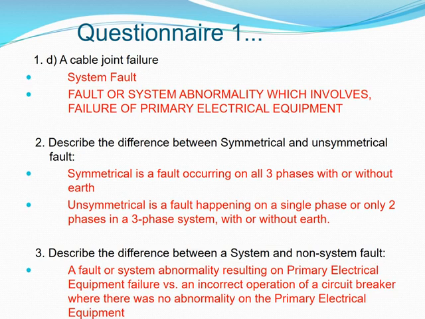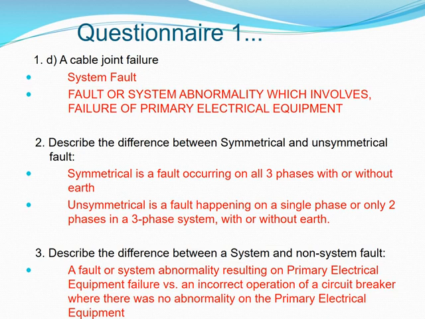I just want to cover something that another student had asked me before. How do you correlate between symmetrical and unsymmetrical faults with system and non-system faults? Your system fault can be symmetrical or unsymmetrical, because it's happening on your actual electrical main equipment, and it could be a balanced or unbalanced fault.